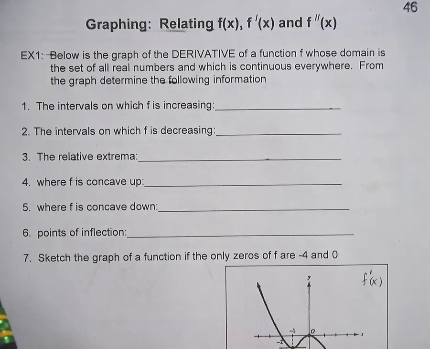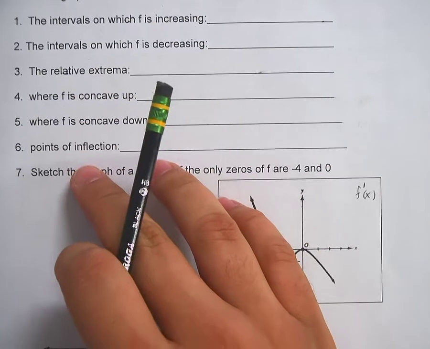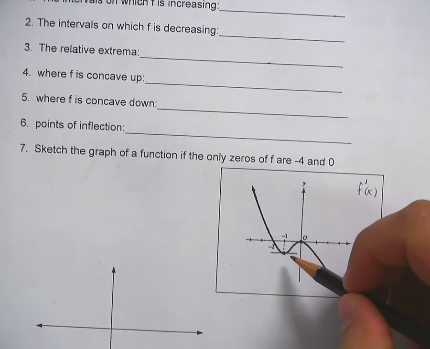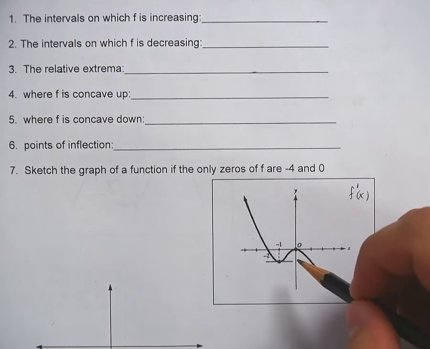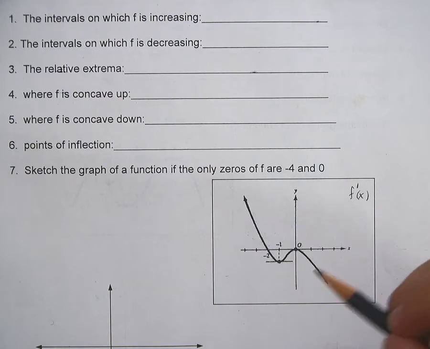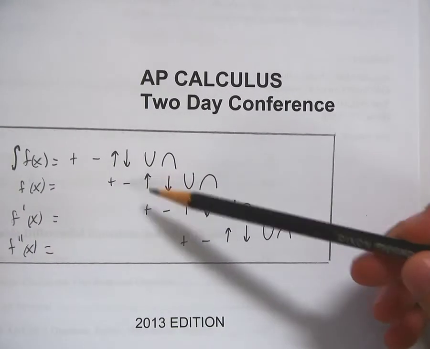Okay, so first, the intervals on which f is increasing. So I'm looking down here at this portion of my graph. I want to know the intervals where f is increasing. So if this is my derivative, real quick, to find where f is increasing, I'm going to look at where the derivative is positive.